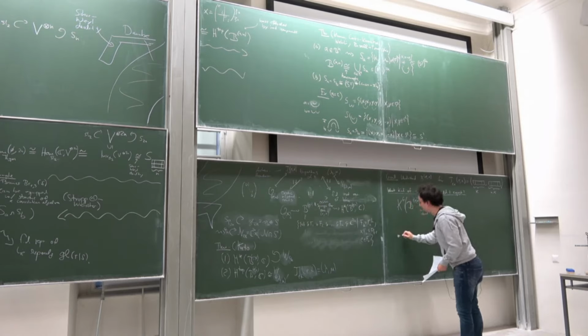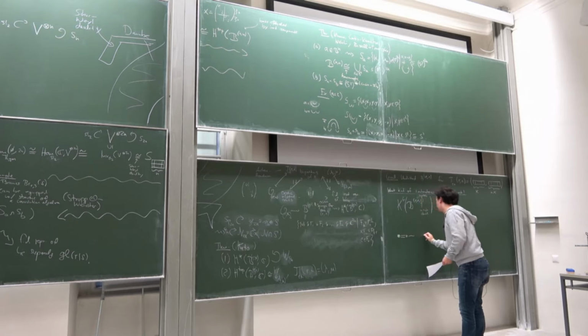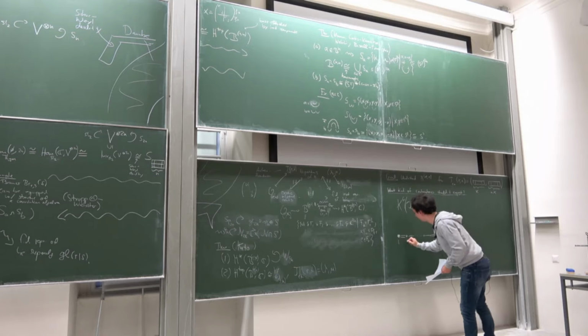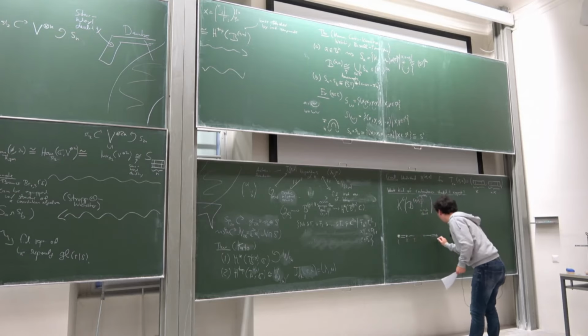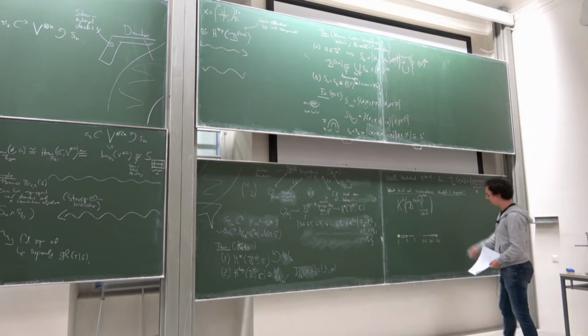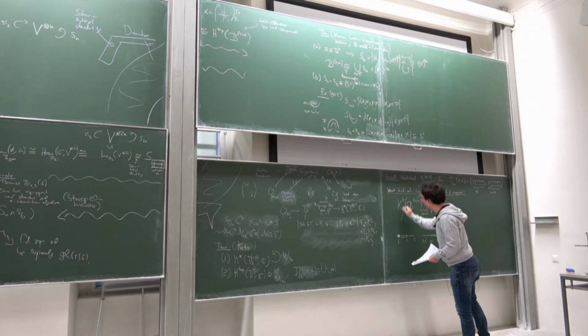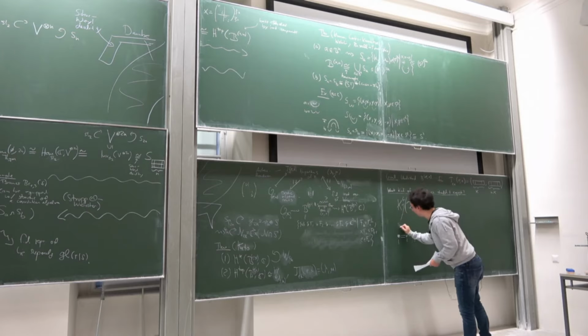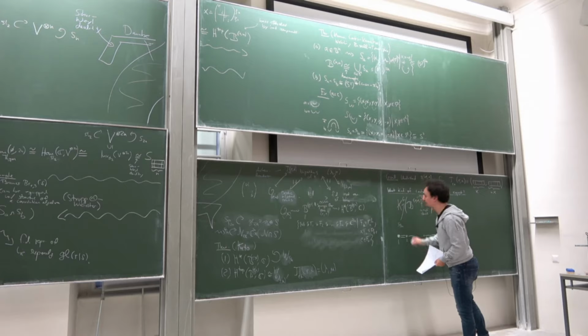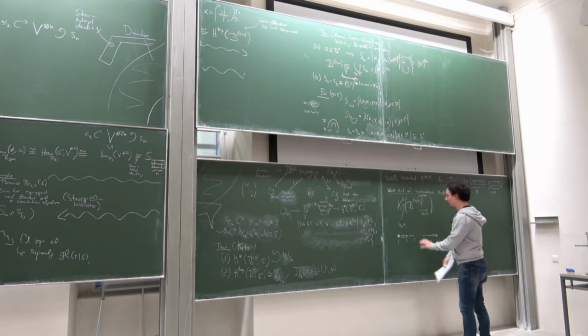So let's consider this affine Dynkin diagram for type C. I have 1, 2, 3, say n, n minus 1, n minus 2. So this is my Dynkin diagram for affine type C. The G here is given by the symplectic group Sp2n. And then I basically have a choice.